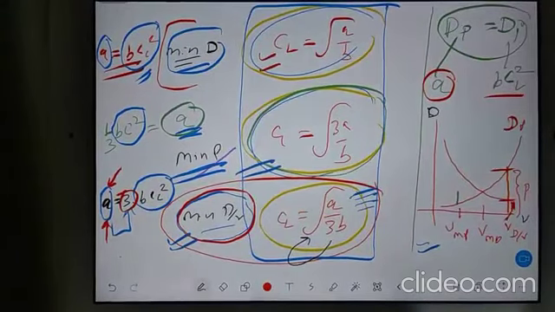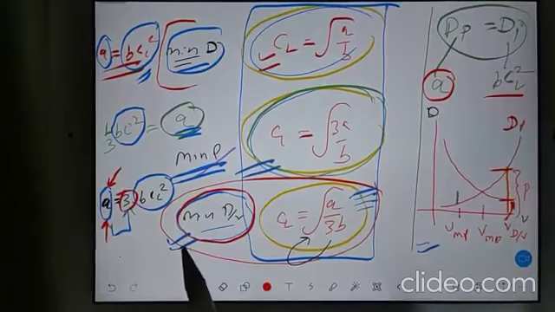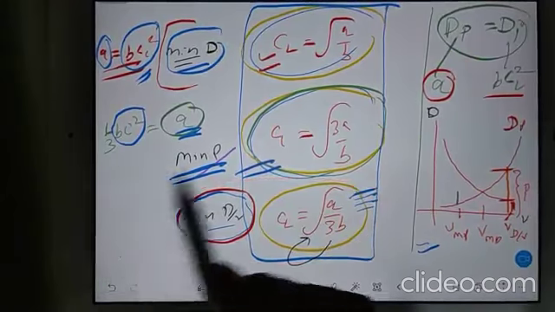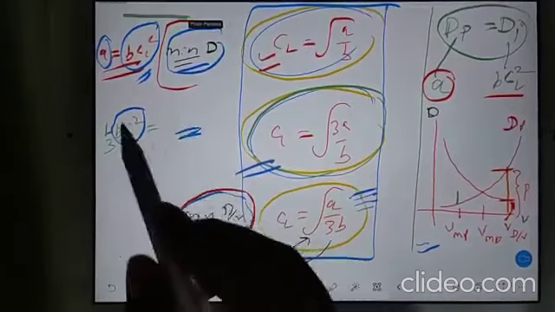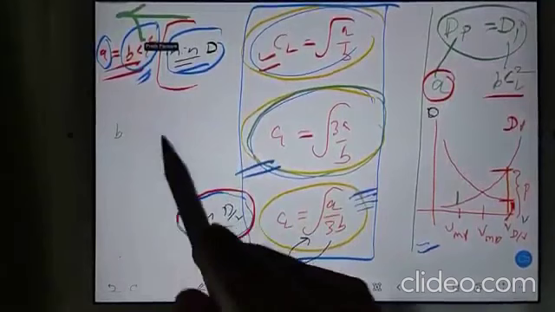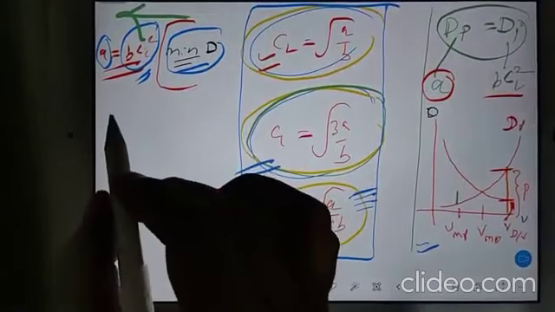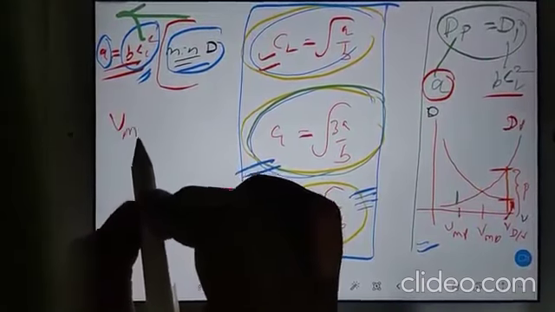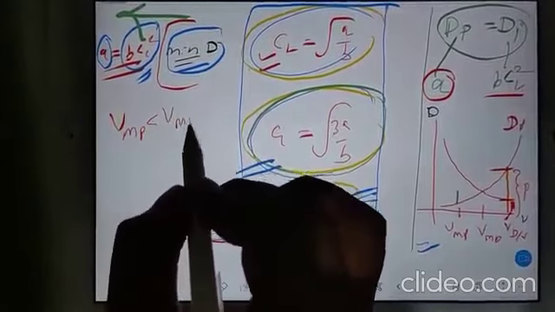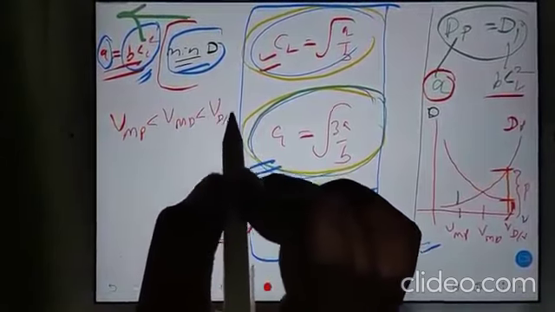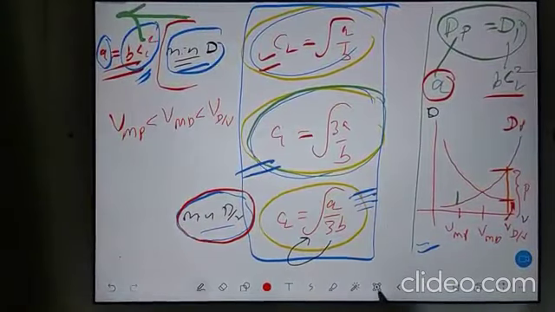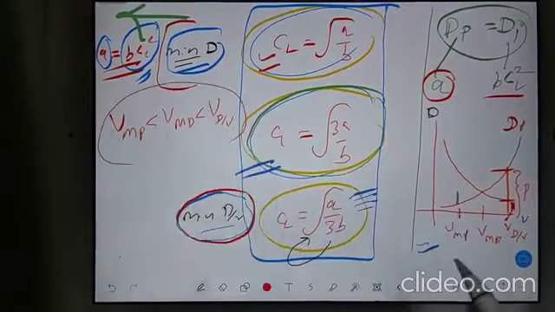I will change the page because that's all. So you have to write a relation, and I will write the relation here. Just a minute. The relation is V minimum power is less than V minimum drag is less than V minimum D by V. Okay, that's all. You can copy this relation from the graph.